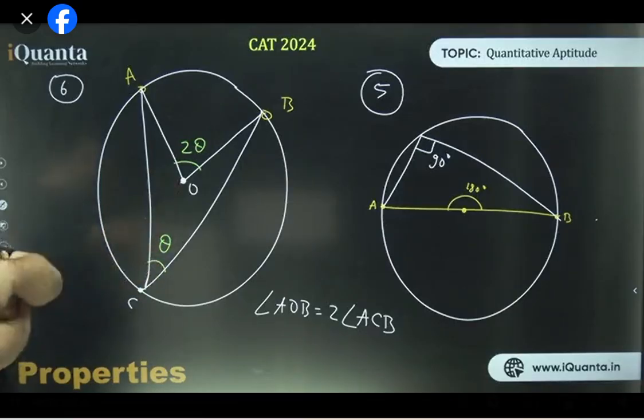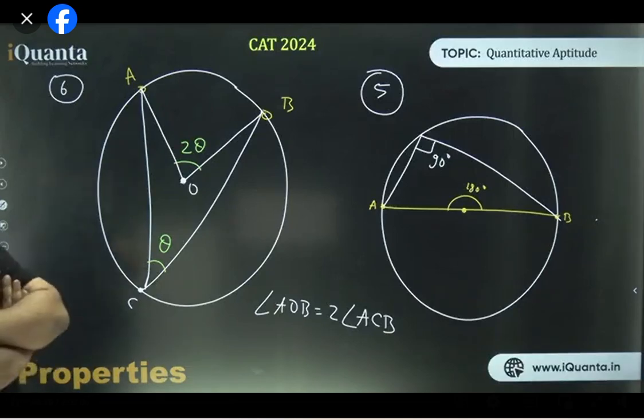AOB is double of ACB, isn't it? That's the property. Just note it down.